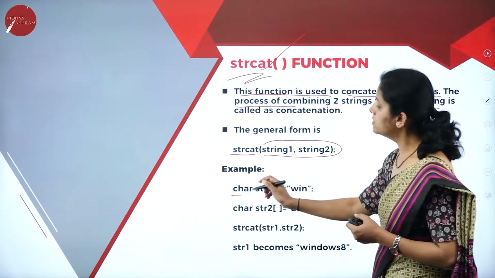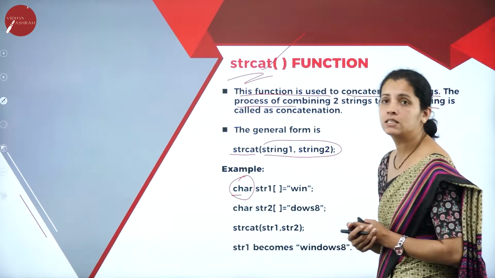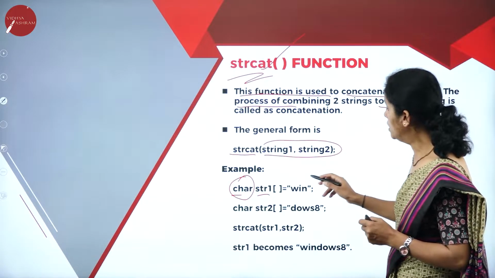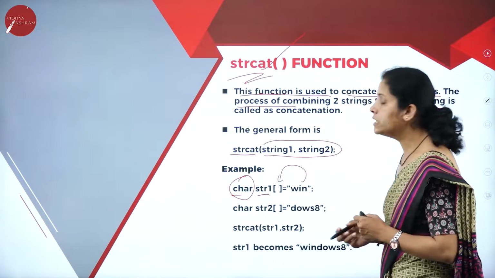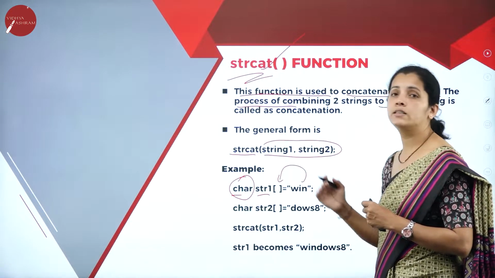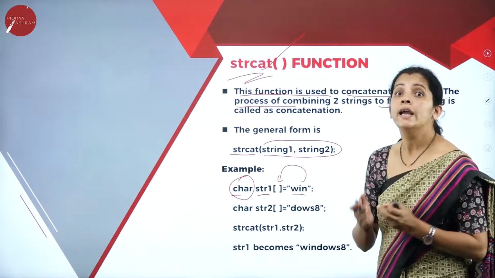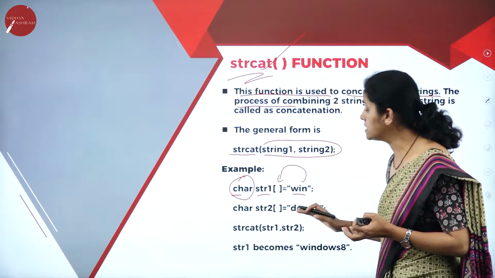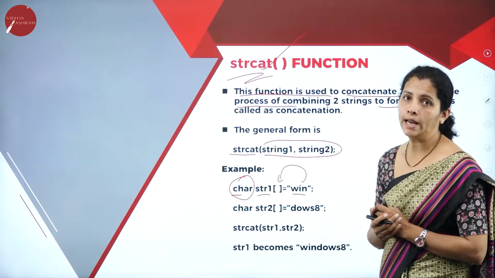So here, this is my data type, that is character, and name of the string, and I'm going to assign the string to the string variable. In my first string, I'm going to have win, and in my second string, I'm going to have dows 8.